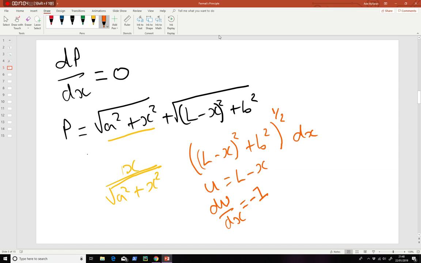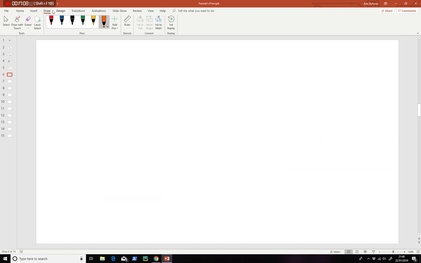If we flip to the next page and make our necessary substitutions, we will see that at the end, what we have is u squared plus b squared to the power of a half, negative sign, du, and this is what we are differentiating, and it's a lot easier to do now.